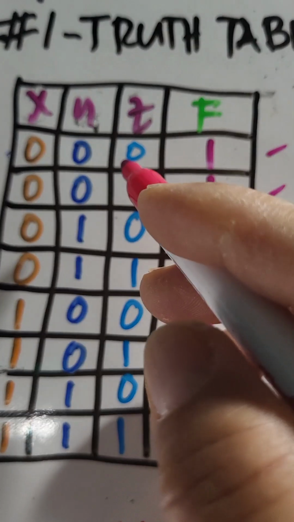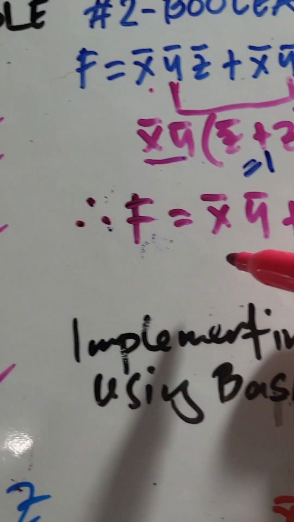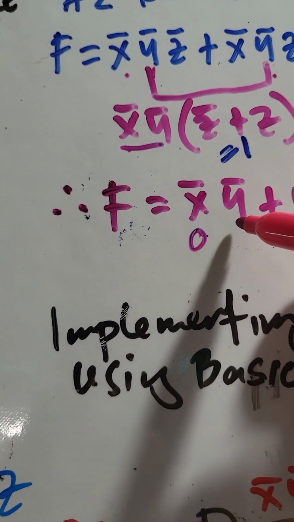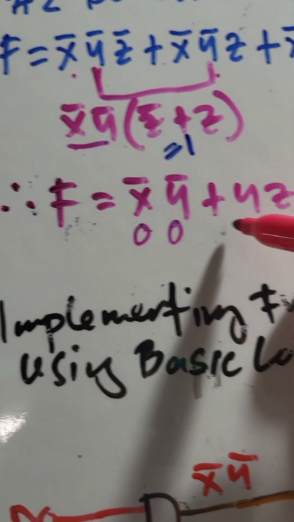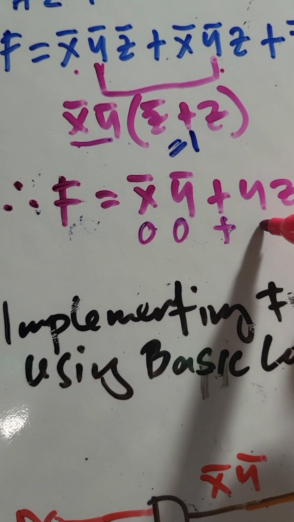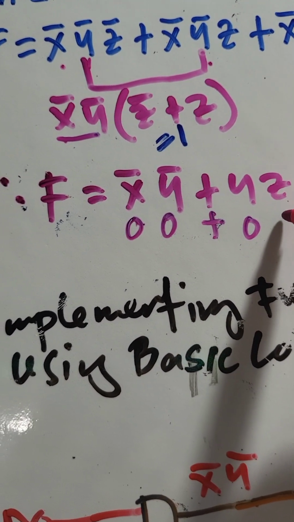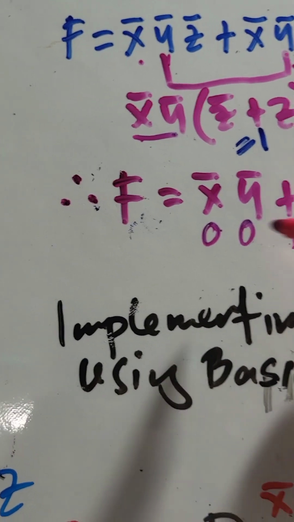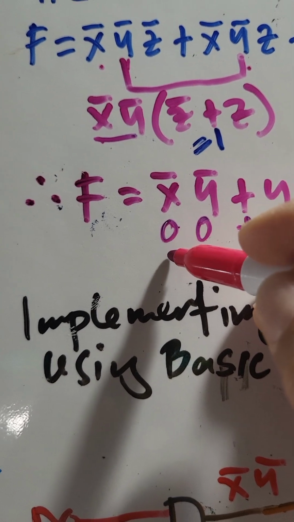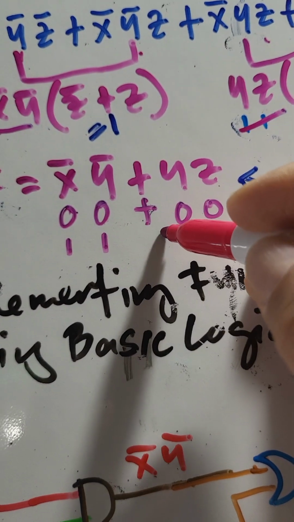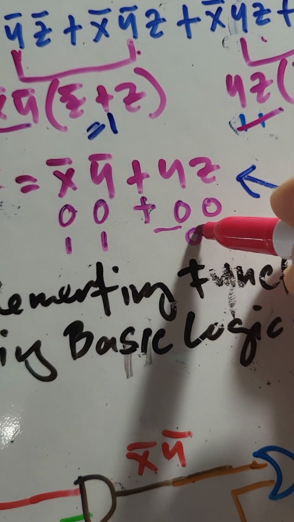Let's say we'll try this first. The 0, 0, 0 equals 1. So if x is 0, y is 0, then plus y is 0, z is 0, all zeros. So since this is bar, this will become 1, this will become 1, and this one is as is on the other side, 0.